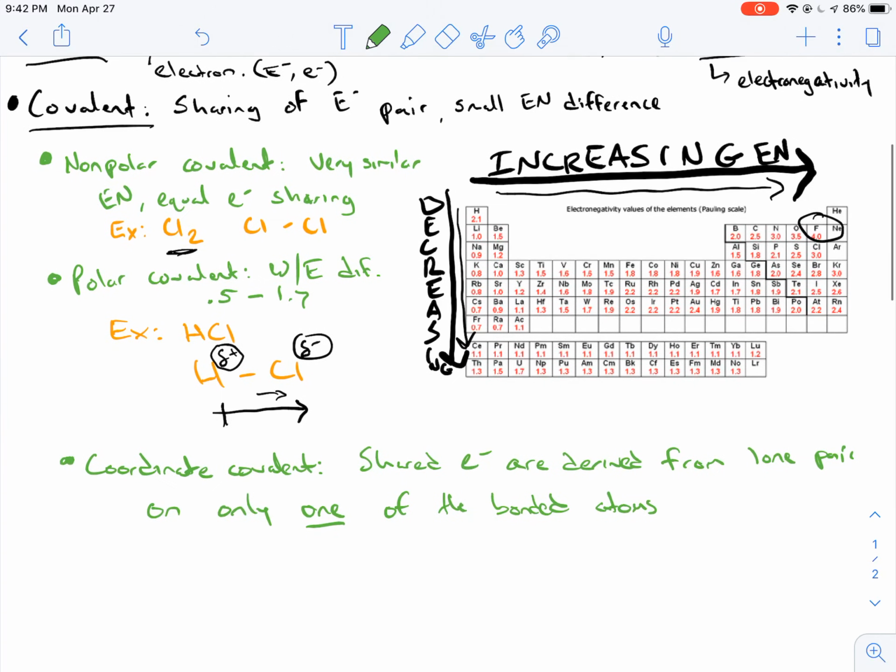So you're probably like, what does that mean? Well, let's look at an example. That's the best way to learn. So let's say these two compounds, these two molecules, were trying to bond together.